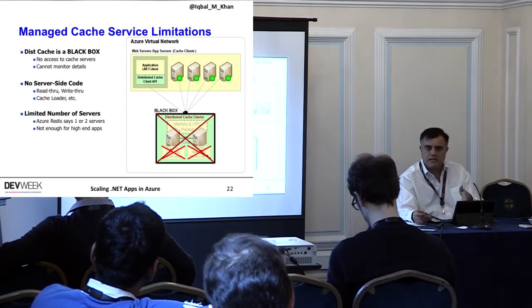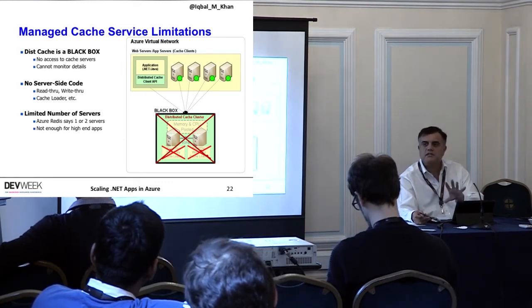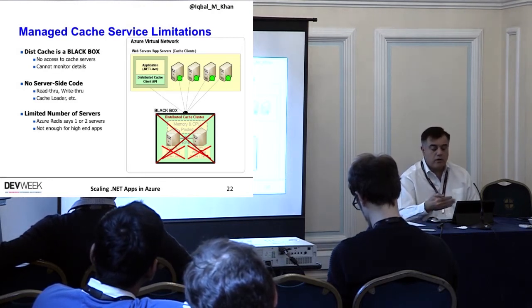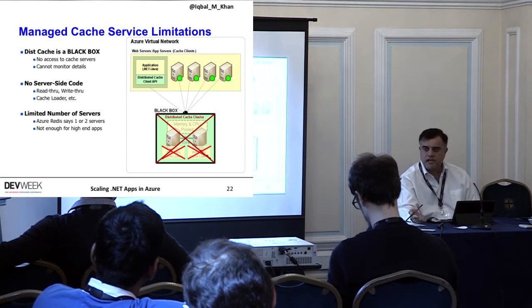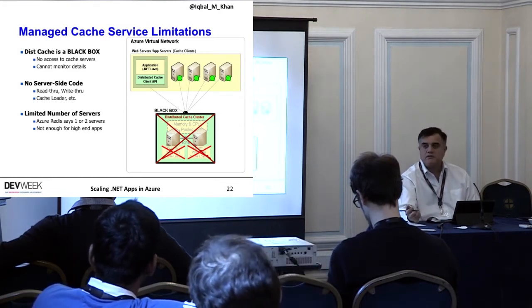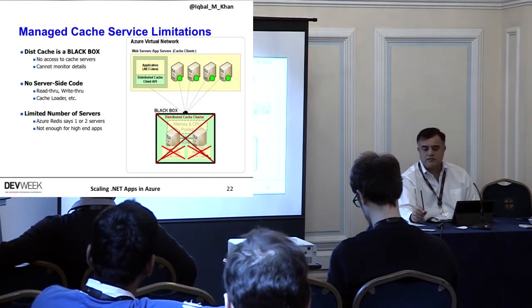But I think Microsoft will probably change their mind down the road and will give you cache VMs. We've already provided cache VMs in Azure as part of the Azure Marketplace, both open source and paid, because we strongly believe that gives you a lot more control than the cache service.